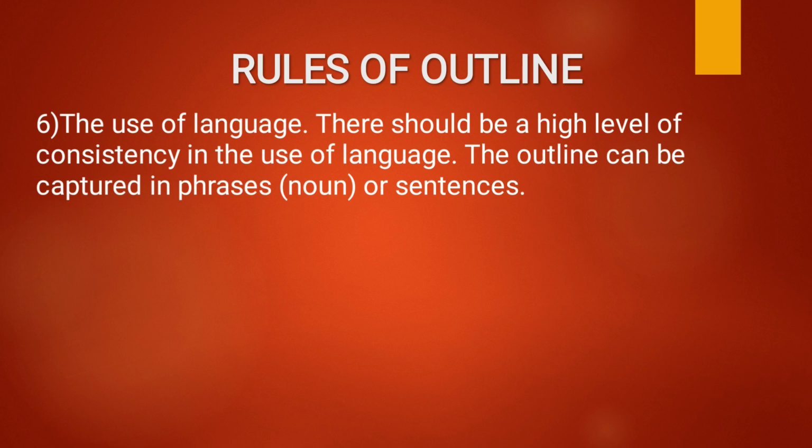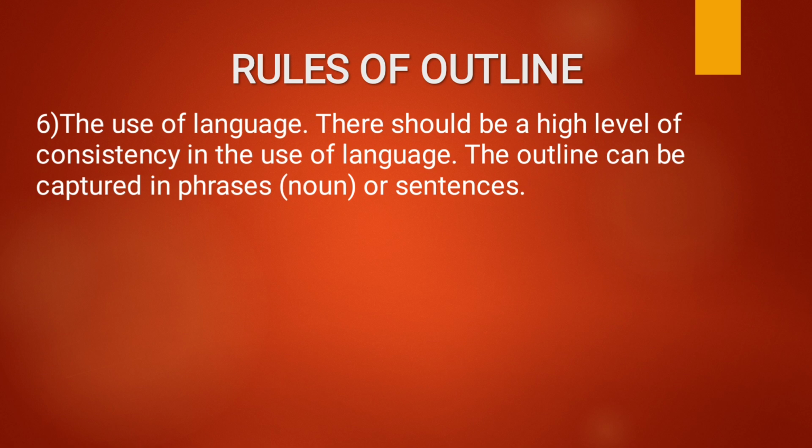Now, we are saying that the outline could be captured in phrases. So you can read a lot about phrases. If you are going by the phrases type, do not bring a full stop or punctuate them. But if you are expressing them in sentences, you have to punctuate them.